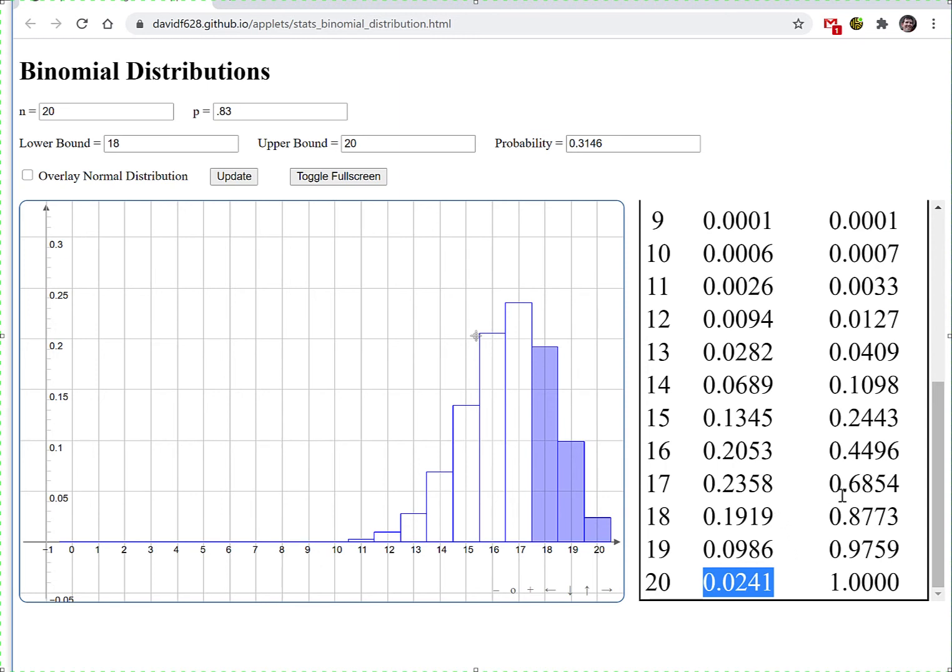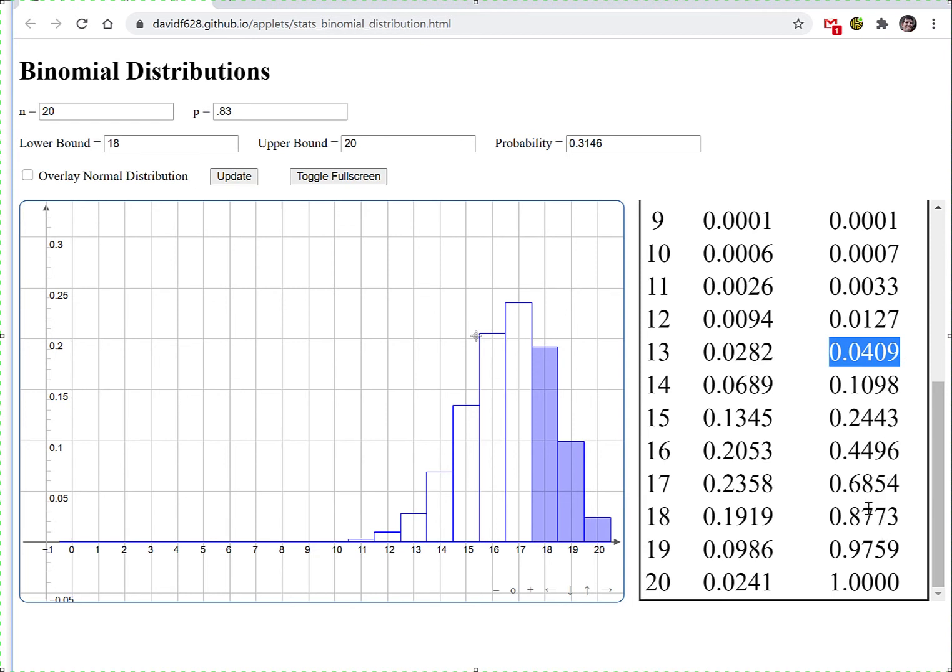You can also use Binomcdf. What Binomcdf does is, you can kind of see it from here. It starts with the probability of one event, adds the next probability, and gets a total. Adds the next probability, so 0.0007 plus 0.0026, 0.0033. And it keeps doing a running total of probabilities, so it's already adding things together.